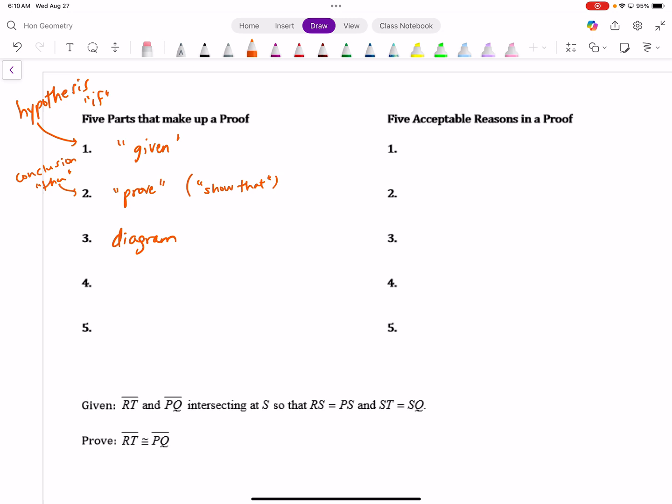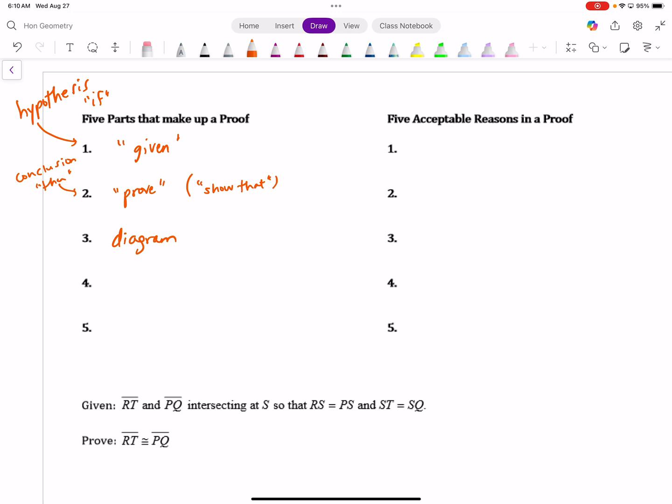Now, other kinds of proofs, you won't have diagrams, like later on in, I'm trying to think if you'll have to prove anything in high school. Well, we'll prove stuff in calculus. So, yeah, there's going to be other proofs where you'll have paragraph proofs. I'll be honest with you, the 2-column proof sort of disappears after geometry.